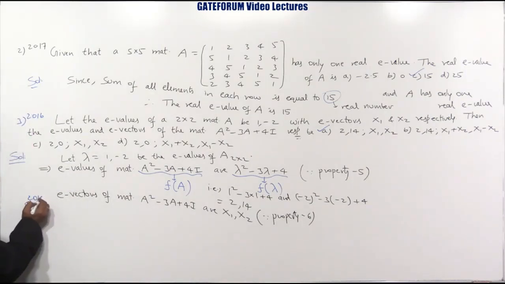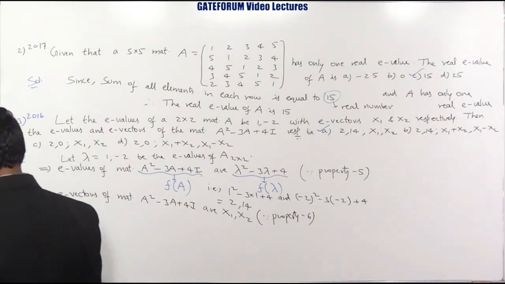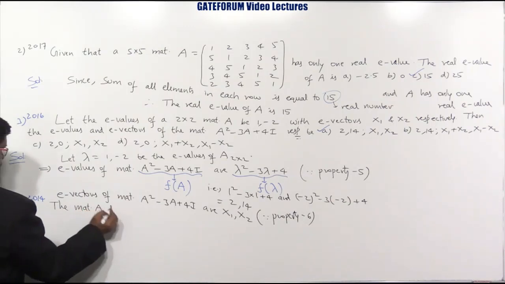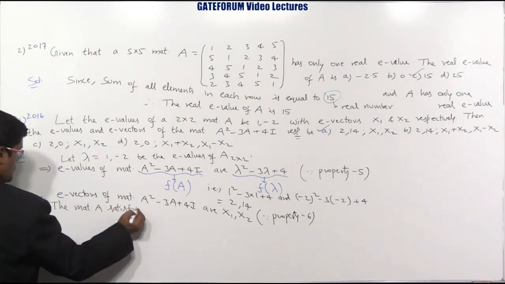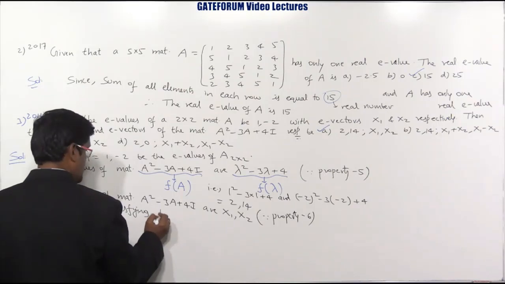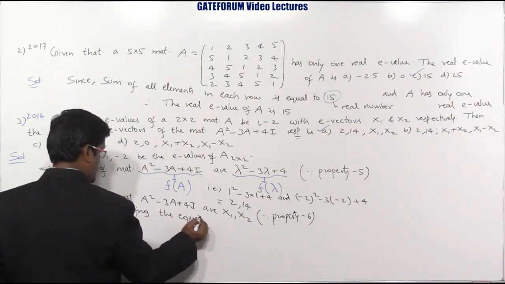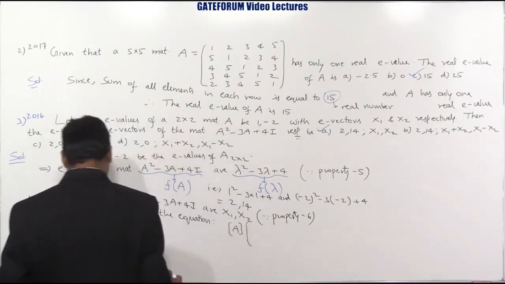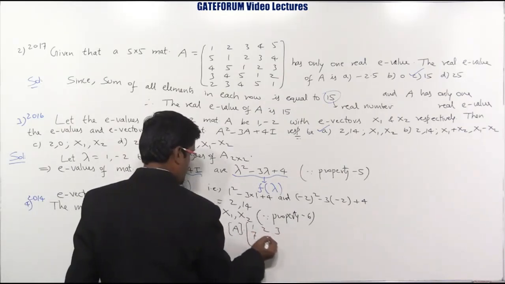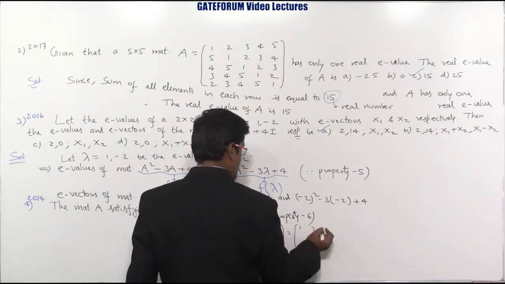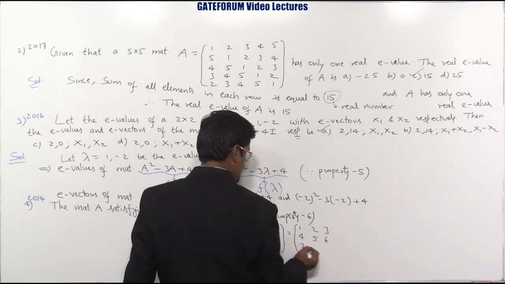Fourth one, this question was asked in 2014. The matrix A satisfying the equation A times the matrix [1, 2, 3; 7, 8, 9; 4, 5, 6] is equal to the matrix [1, 2, 3; 4, 5, 6; 7, 8, 9].